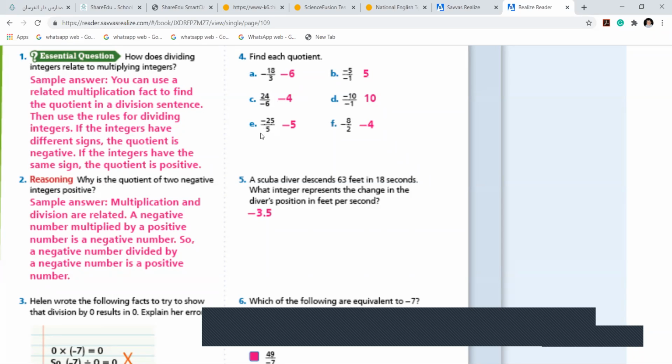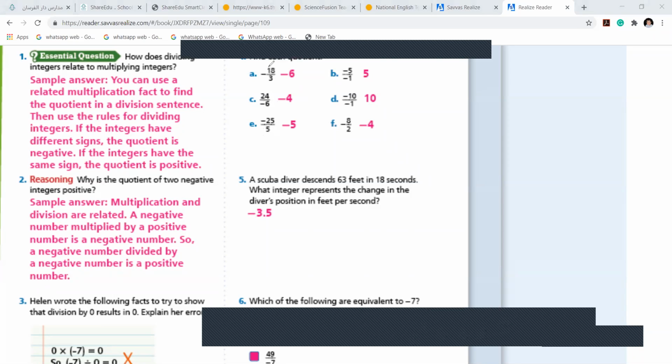Now E and F, you know that for E and F, you need to do the simplification. What is it for E and F? 5, it's minus 25 over 5. 5 times 1 and 5 times 5. Why does the answer have to be minus 5? Because of opposite signs.